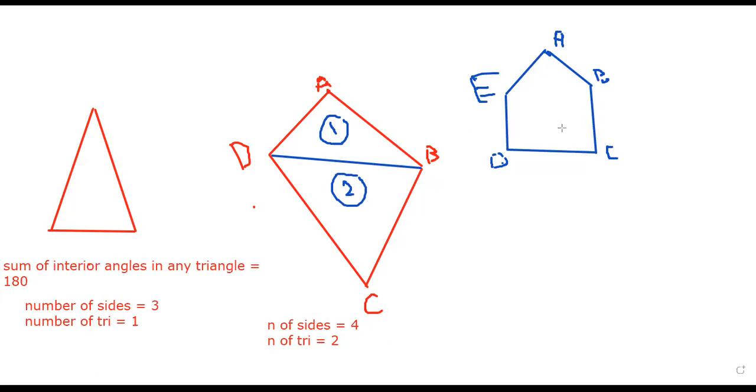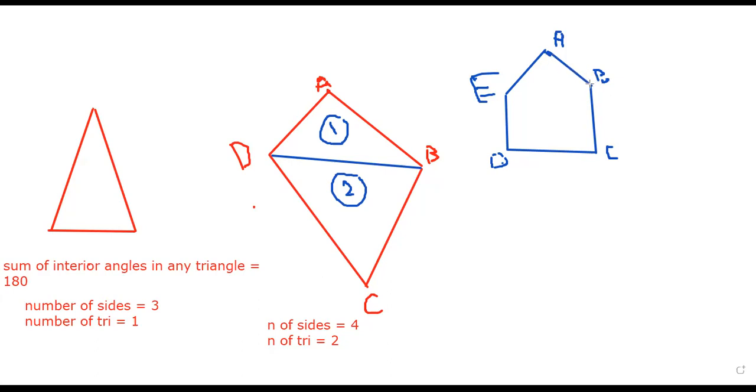Again, I want to divide the pentagon into triangles, but it's only allowed to draw from point A. Connecting A to B?